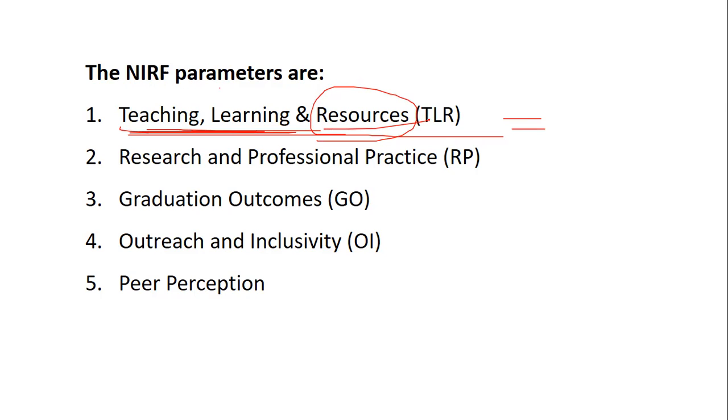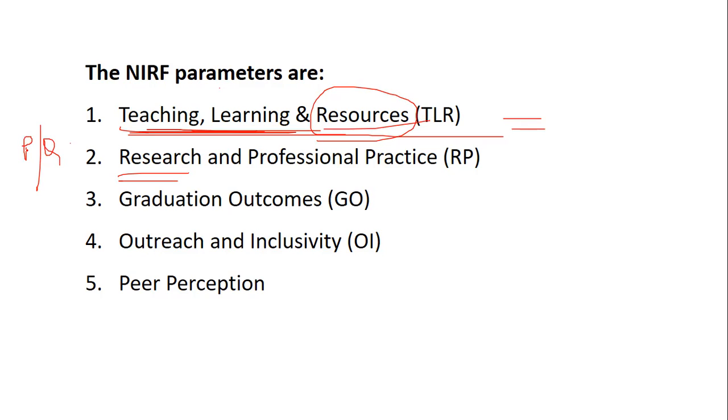Next one we have is research and professional practice. So when I say research and professional practice, full-fledged importance is given to research. It includes publication. It includes metrics for quality publication. It's not only publication you do, it should be a quality publication. It includes patents and intellectual property rights, so if you have any patents or rights which can be published or granted.